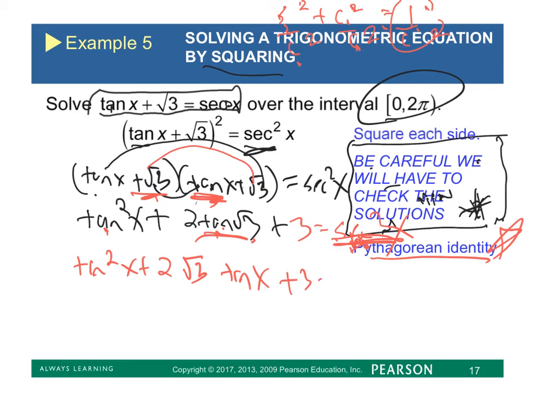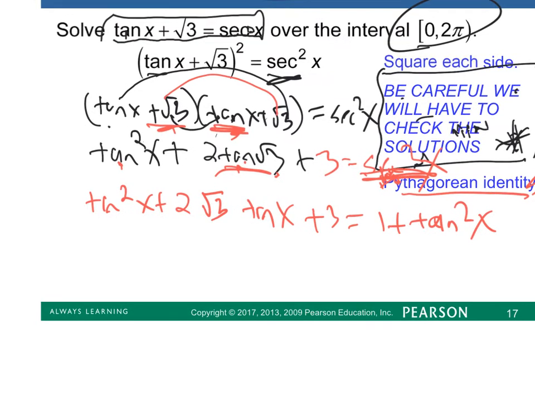Plus 3 equals 1 plus tangent squared x. I like it better because they're all tangents. Now get everything on one side, see what happens. If I subtract 1 from both sides, that becomes a 2.